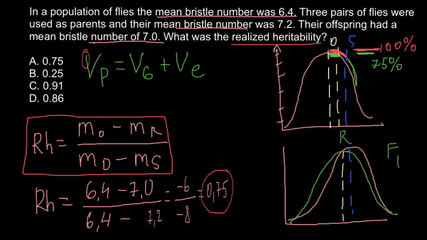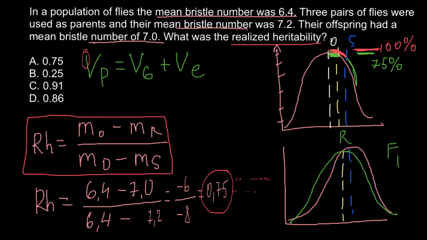So this is realized heritability. And how did I find 75%? I just multiply this number by 100, because our answer is on the scale between 0 and 1, and we can also give an answer as a percentage. We just have to multiply by 100, so our answer would be on the scale between 0 and 100%. So we can just move the decimal point 2 places to the right, and this is how you convert one scale into the other scale.